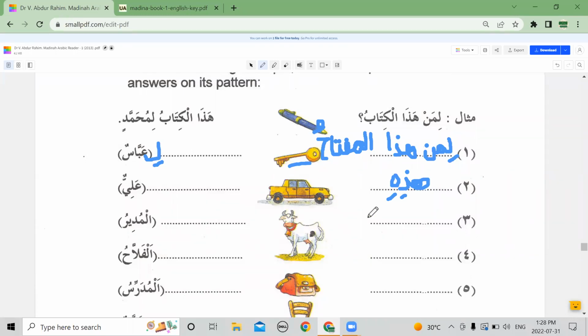Who does this car belong to? Whose car is this? Hadhihi sayyaratu li Aliyin. Good. Next.